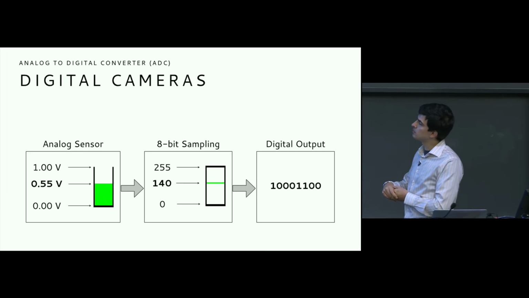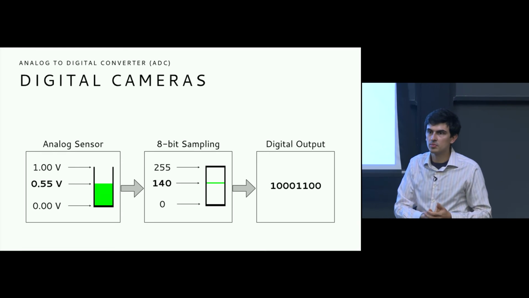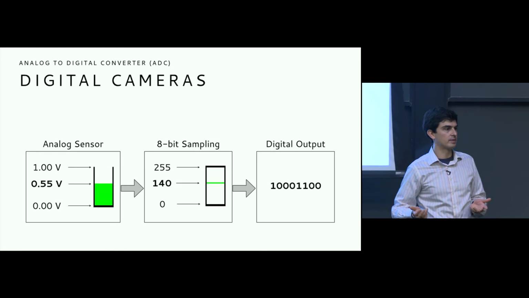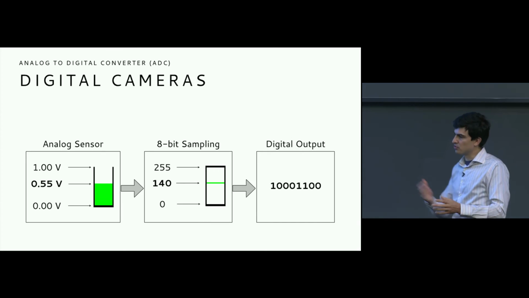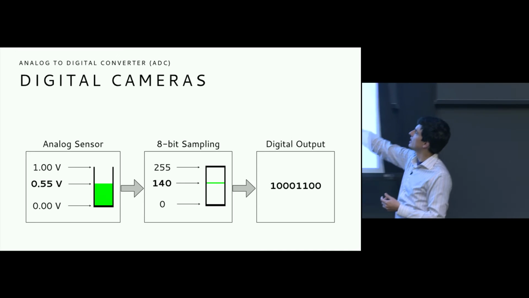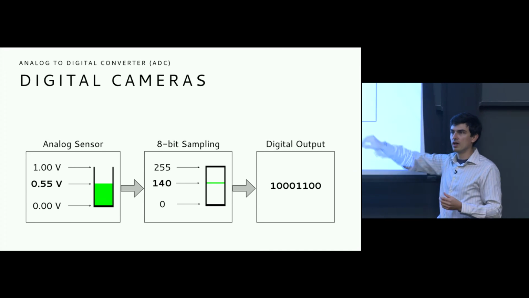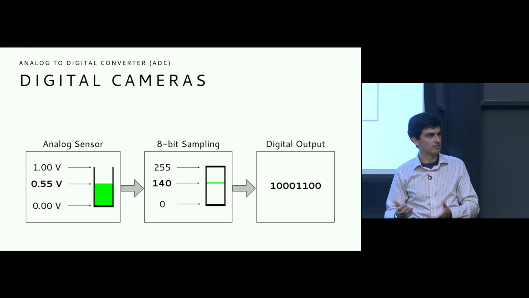But if I have an 8-bit analog to digital converter coupled to a sensor that is capable of 10 stops of dynamic range, then what this effectively means is that I have to throw away some of this information. It's just not possible for me to represent in my digital output all of the range of values that my sensor was capable of determining.